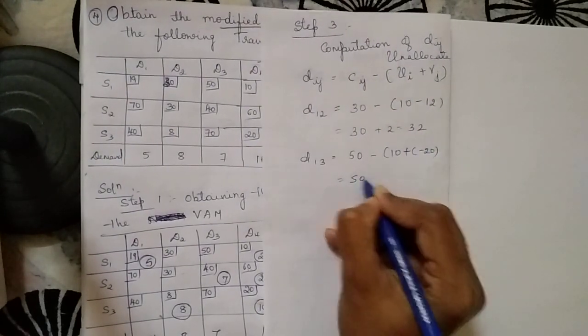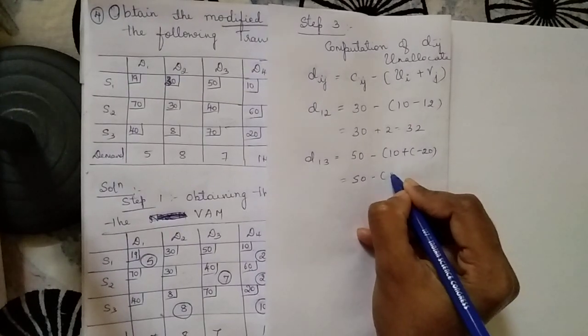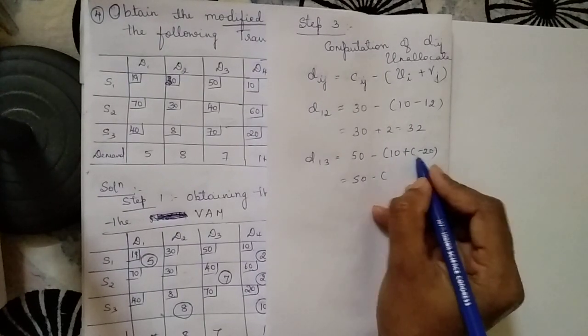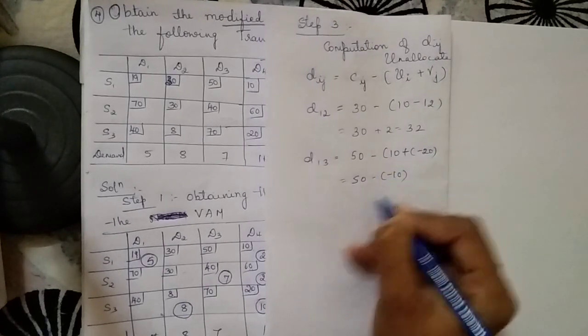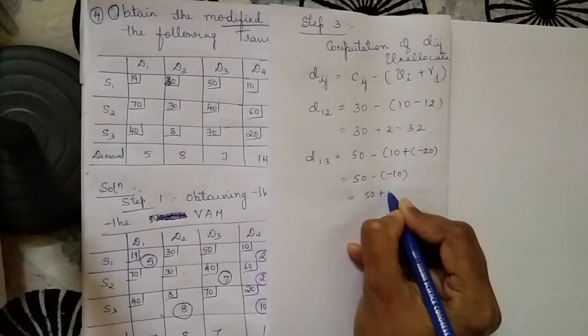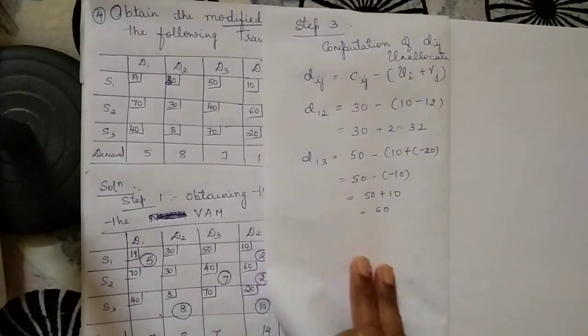So 50 minus, here it will be minus 10. So it will be 50 plus 10, 60. Like this we will have to calculate for all the unallocated cells.